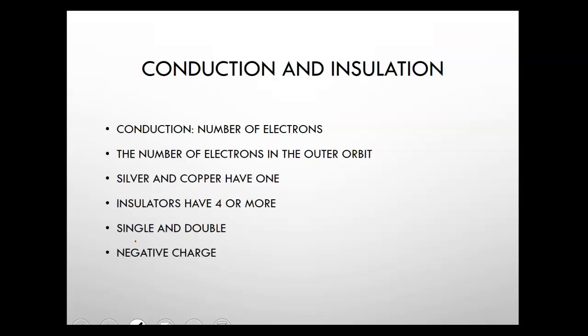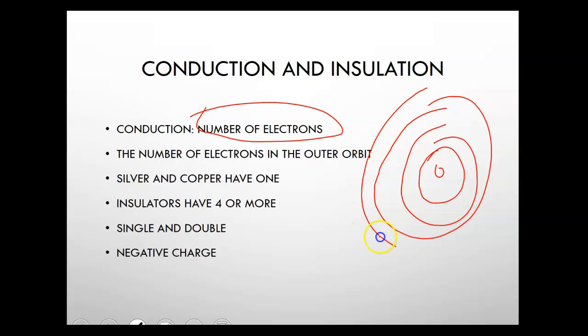Conduction and insulation. So what makes an element conductive and what makes it an insulator? Conduction depends a lot on the number of electrons in the last orbit. Again, if we have this small atom, we have this one orbit, 2, 3, and one more.